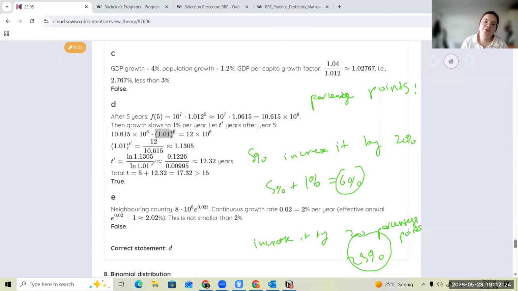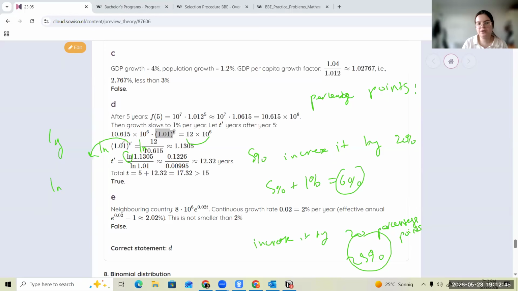Just a little side note here. And then you're basically trying to solve how many years it takes to get to 12 million. This is 12 million, just written with a nice factor. And you solve for t using ln. Using ln because you can only pick LG or ln on a calculator, you can't really pick the base. So you take ln of both sides.